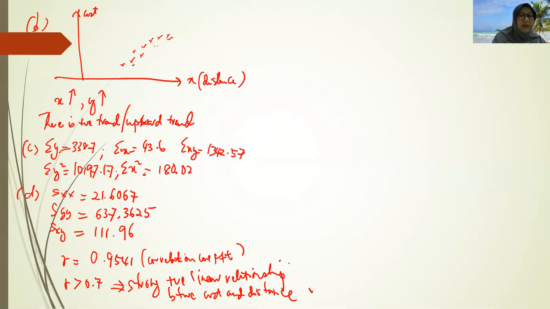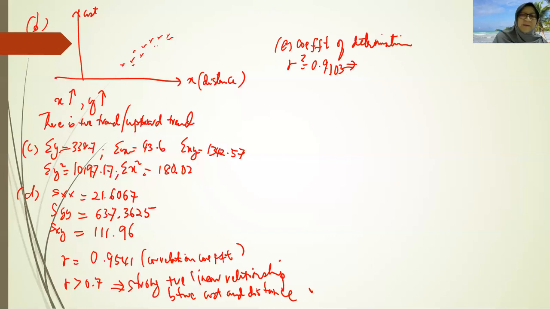Then in part E, you need to find the coefficient of determination. This is from 5.1, which is R squared. So you will get 0.9103.